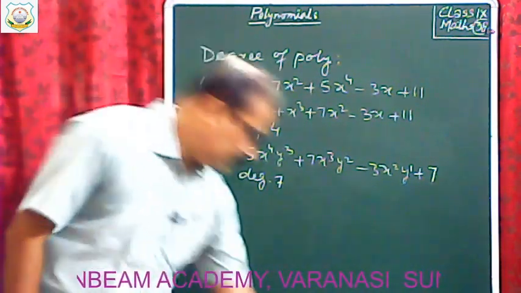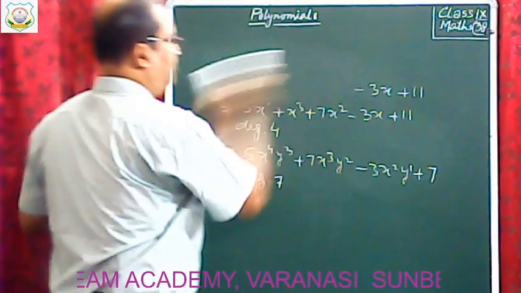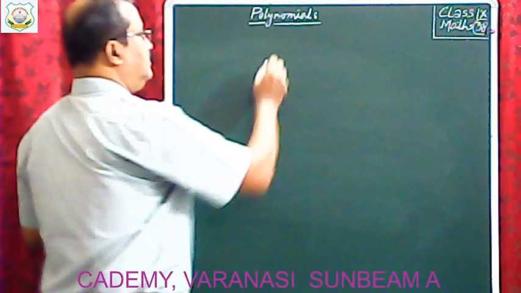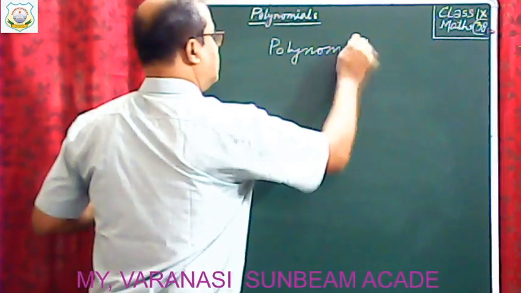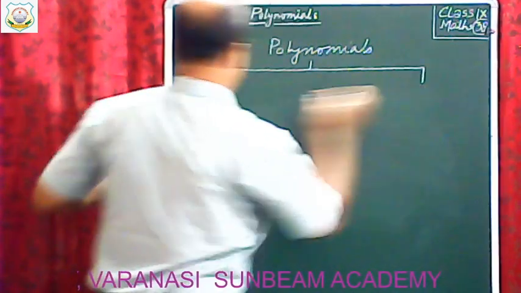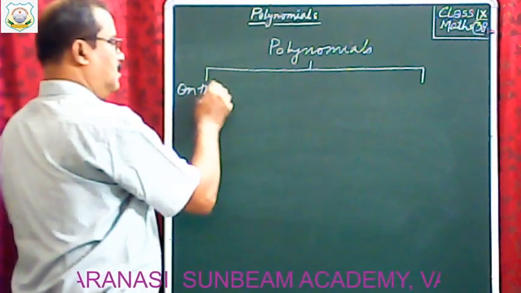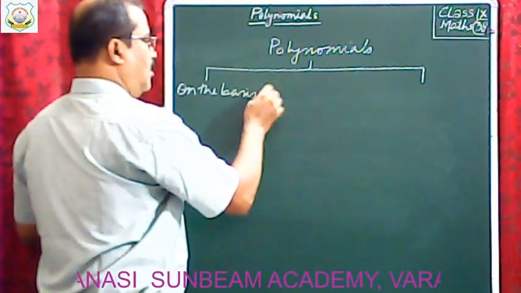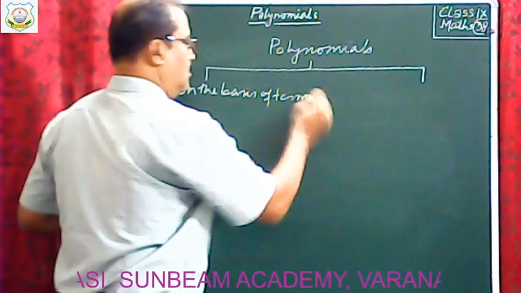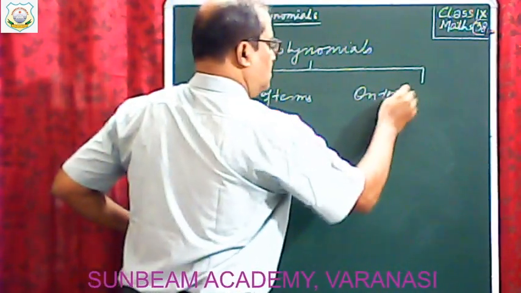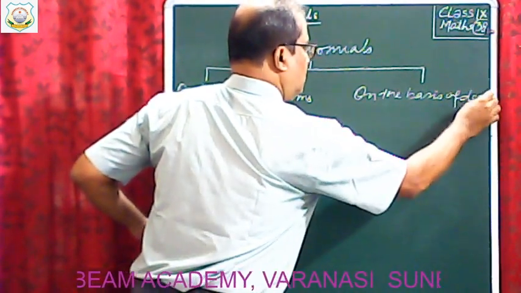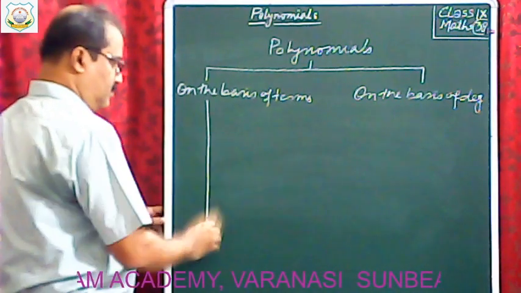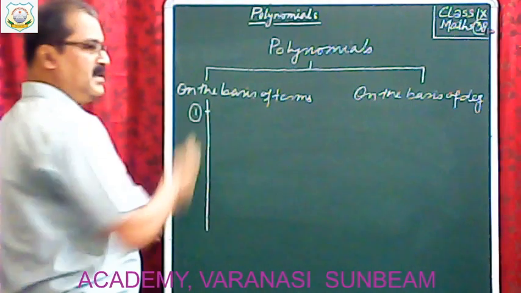That highest sum among the terms of the polynomial is the degree of the polynomial. Clear? So, classification of polynomials on the basis of terms and on the basis of degree. On the basis of terms, a one term polynomial is known as a monomial.